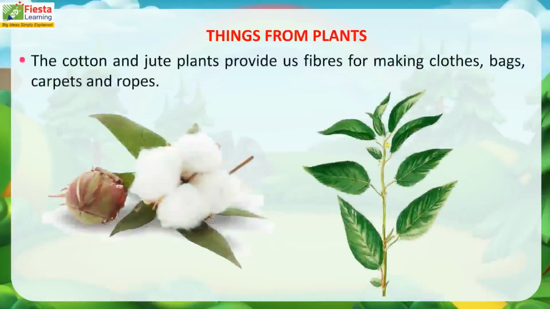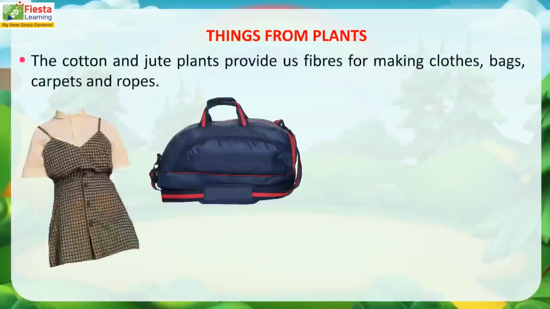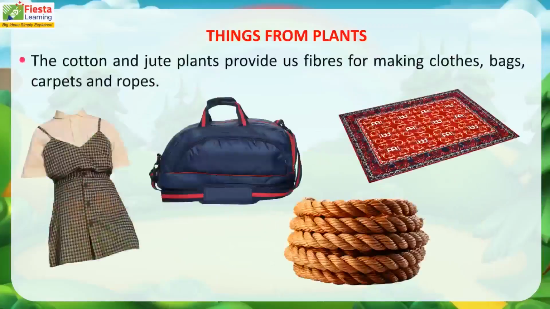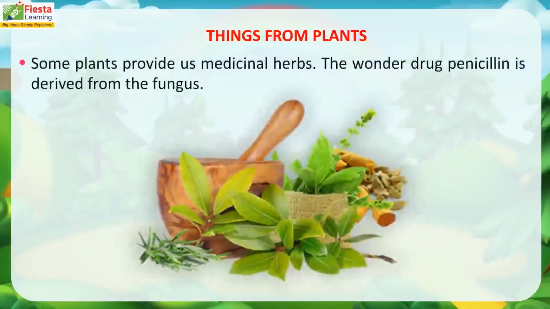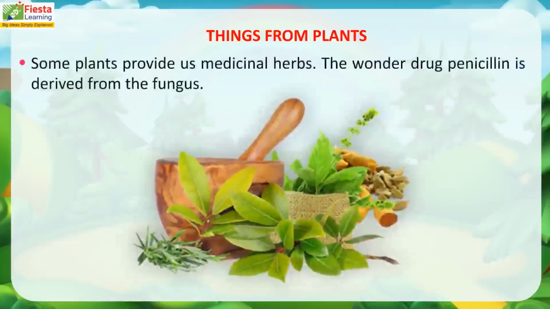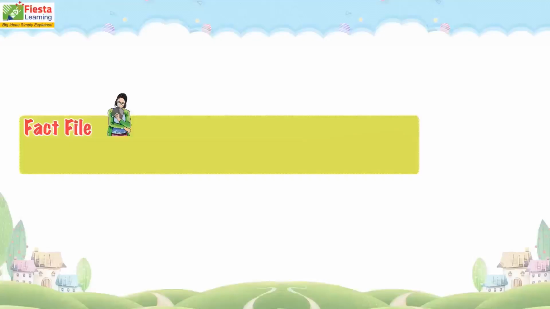The cotton and jute plants provide us fibers for making clothes, bags, carpets, and ropes. Some plants provide us medicinal herbs. The wonder drug penicillin is derived from the fungus. Bamboo stems are used to make paper.